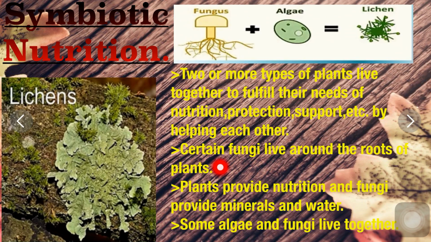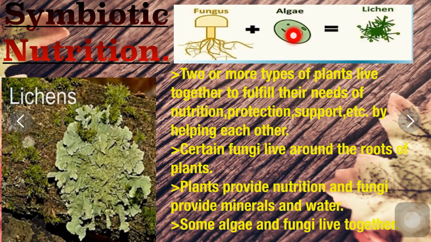Some fungi grow around the roots of some other plants. These plants supply nutrients to the fungi, and in turn, the fungi supply minerals and water to the plants. Some fungi and algae live together. The fungi provide water, minerals as well as shelter to the algae.